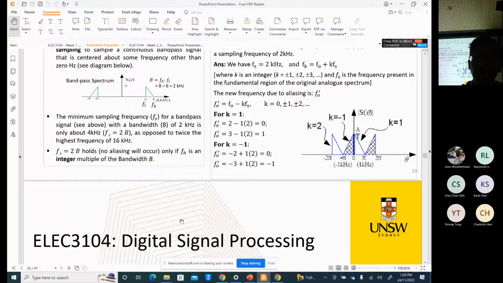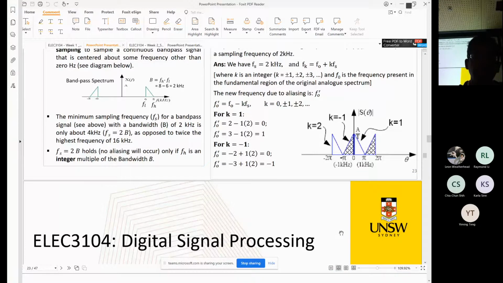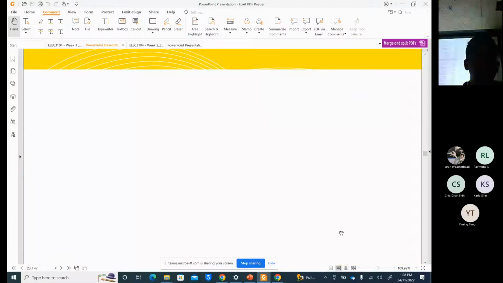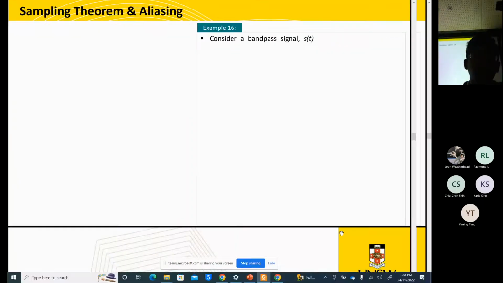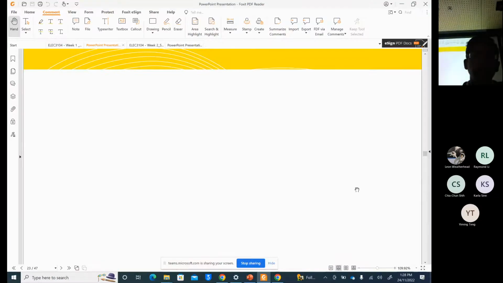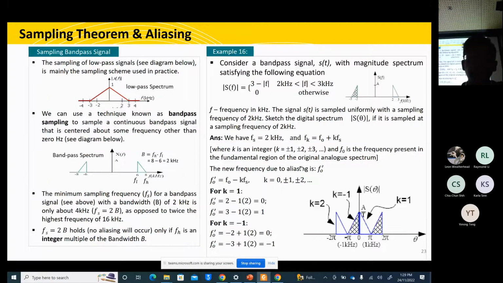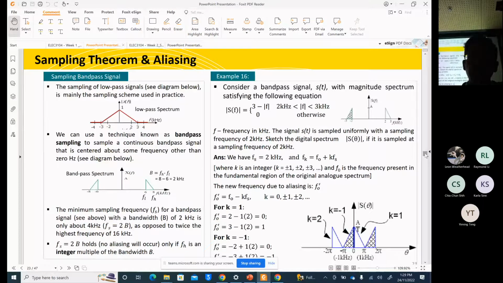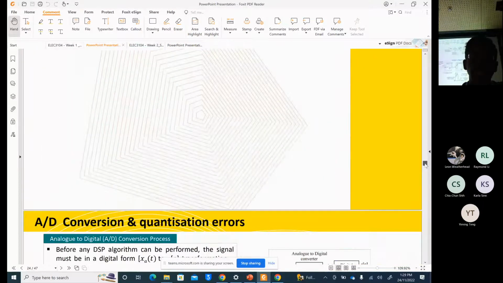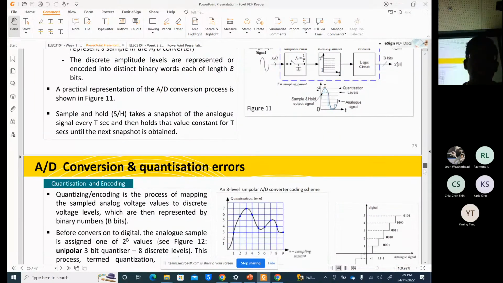Yeah, so here is the quantization error.